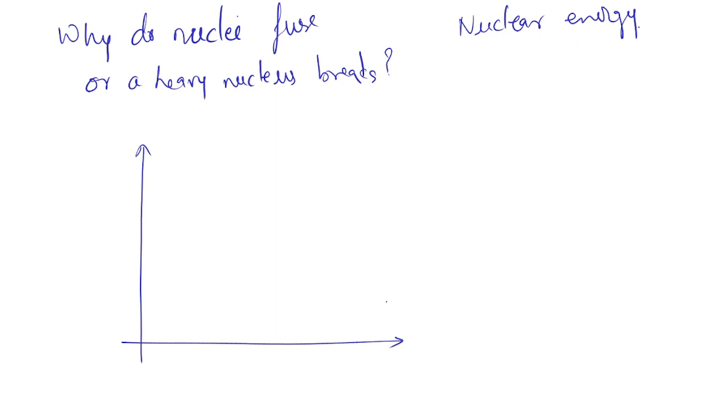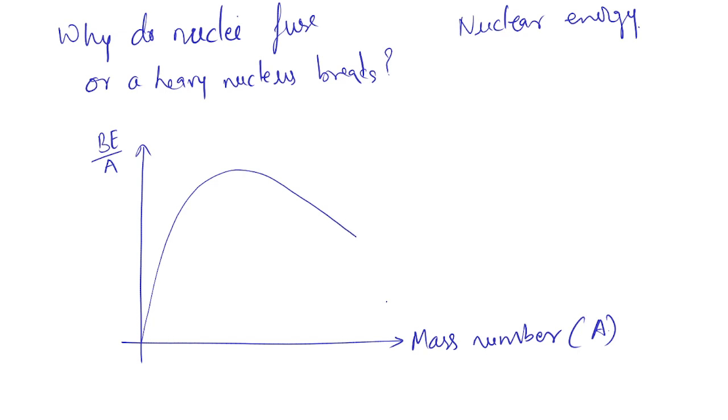So it's not atomic number, it's a mass number graph. Mass number on x-axis, which is A, and binding energy per nucleon, or binding energy divided by the mass number, on y-axis. So when you draw a general graph, you will get a pattern something like this.